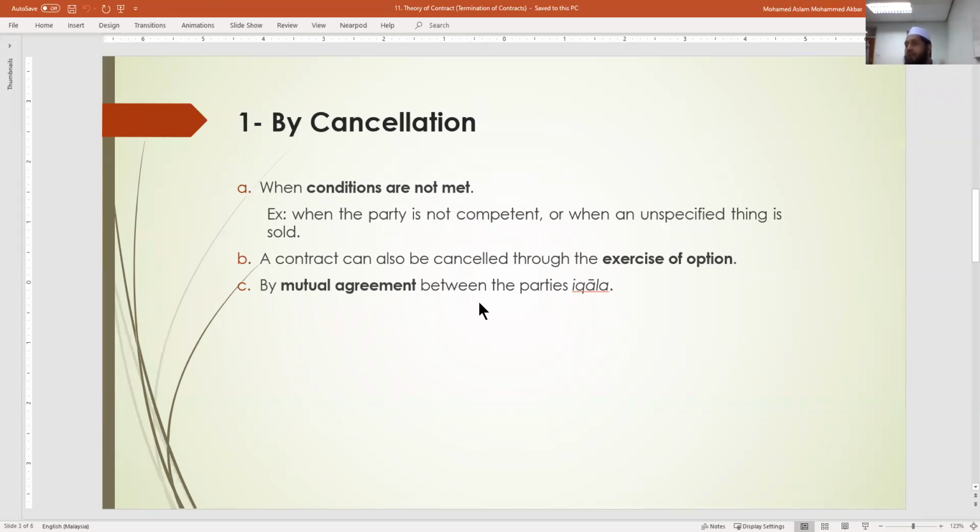A contract can also be cancelled through the exercise of options. It can also be cancelled by mutual agreement between the parties, iqala.